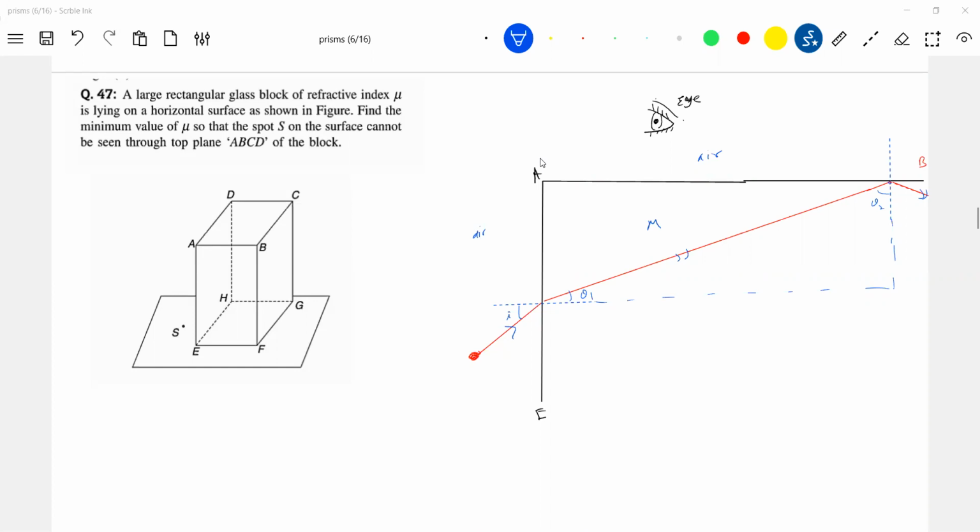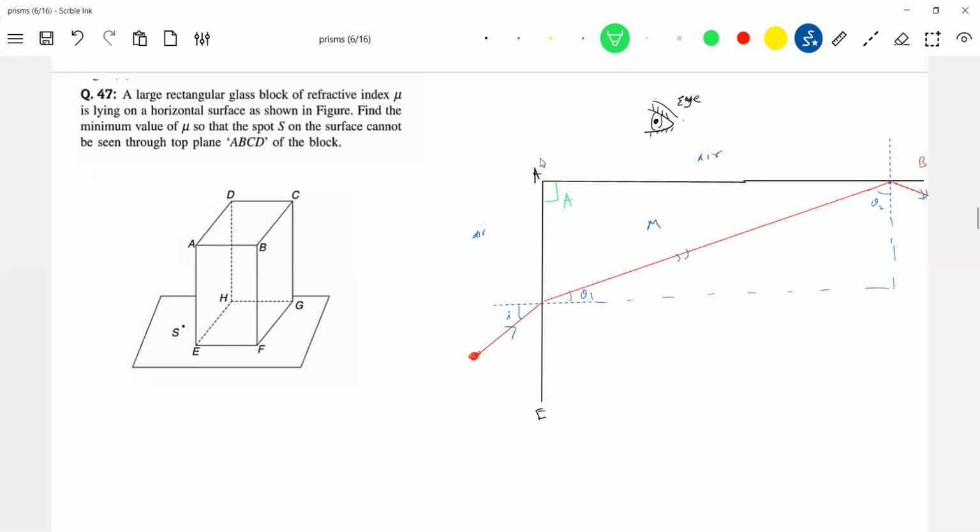This is some sort of... I'll bring in the idea of a prism. This angle, the prism angle, is called A. Tell me how you manage this.